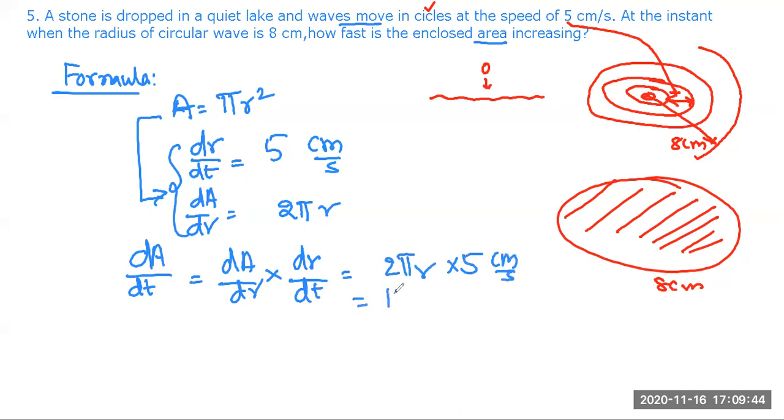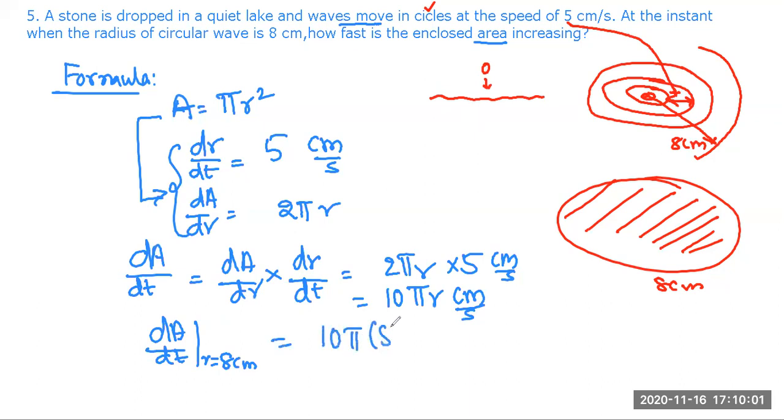So we got 10 pi r centimeters per second. We need this dA by dt when r is equal to 8 centimeters. So 10 pi times 8 centimeters per second is equal to 80 pi centimeters square per second.